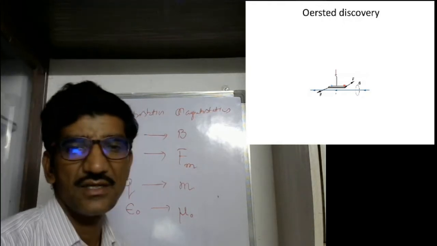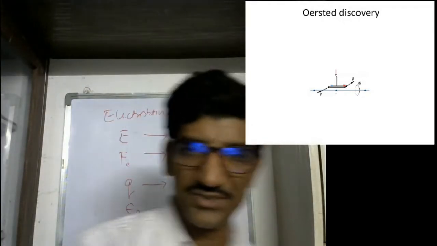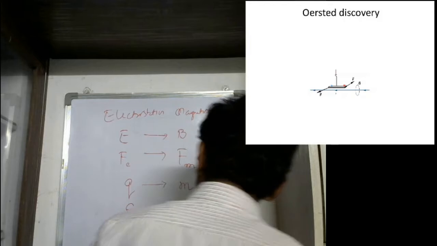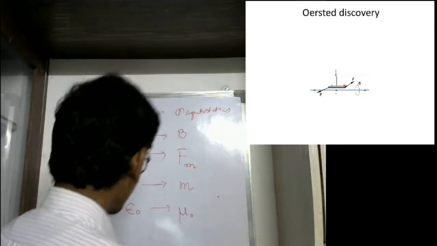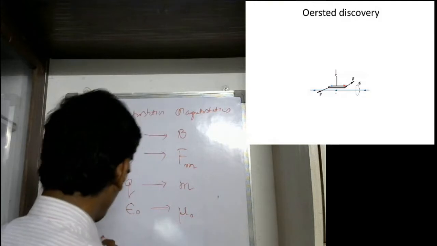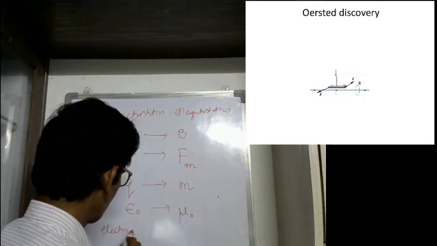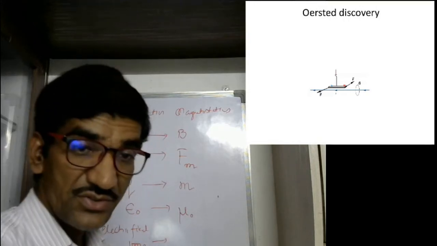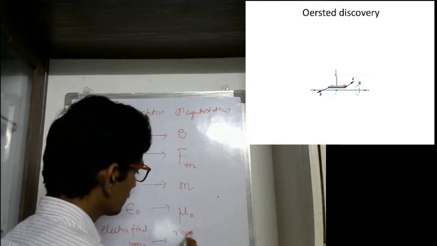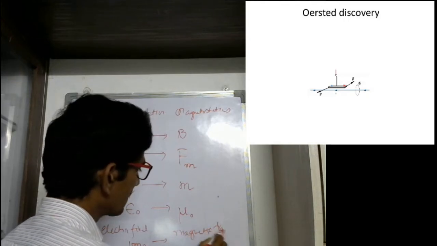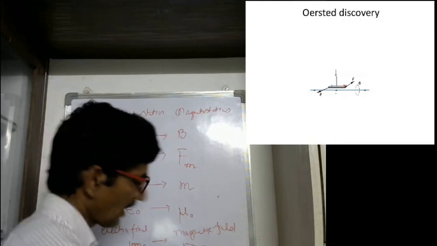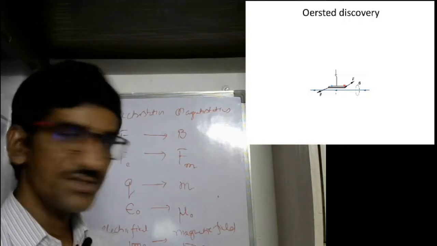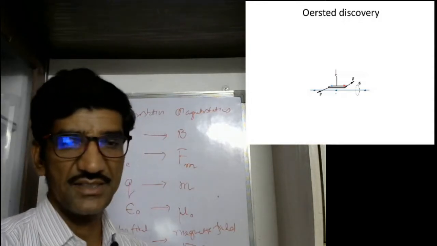In magnetostatics you have magnetic field, or actually the magnetic induction vector, B. In electrostatics you have electric field lines. In magnetostatics you have magnetic field lines. So there you have field lines, and here in magnetism also you have field lines.